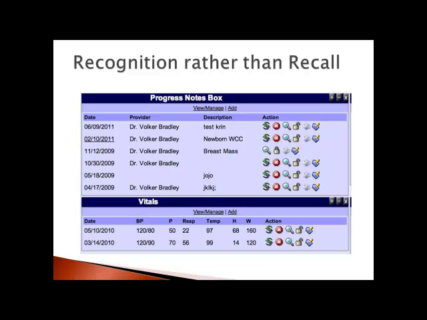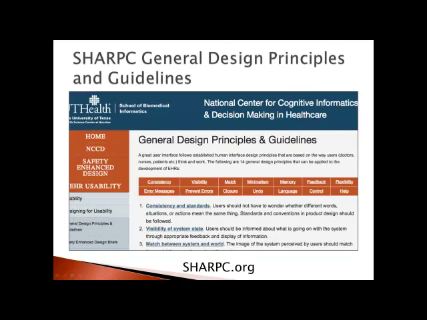There's a lot of ways in which you could support recognition rather than recall, whereas currently you have to recall what patient you're dealing with, what current date is it, where were you in the system, what do all these icons mean.